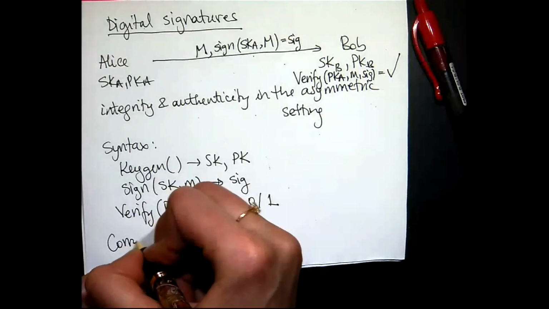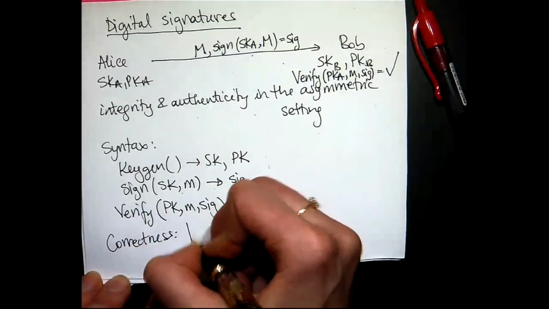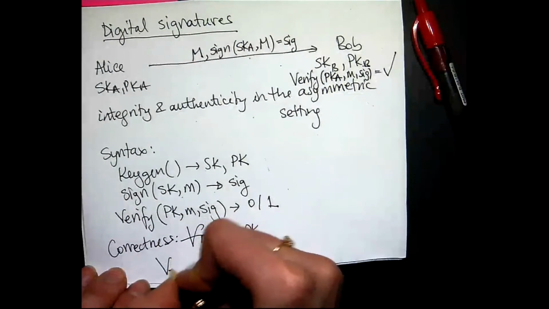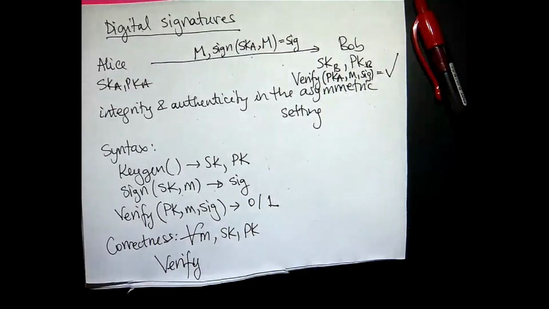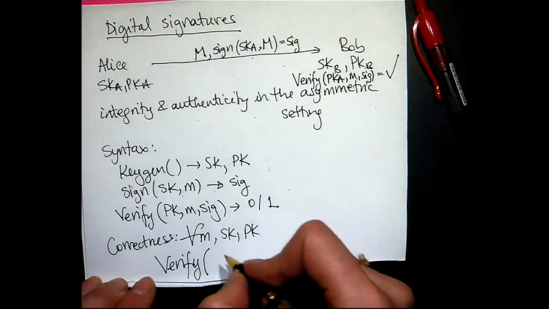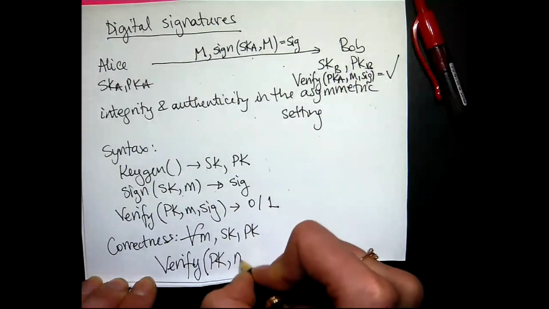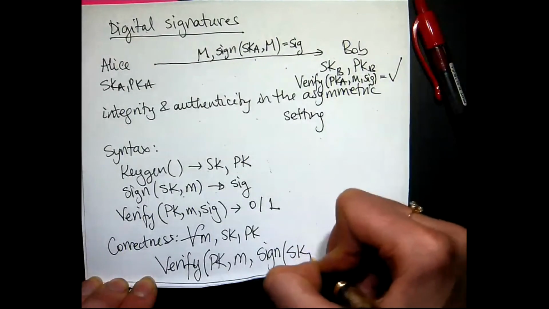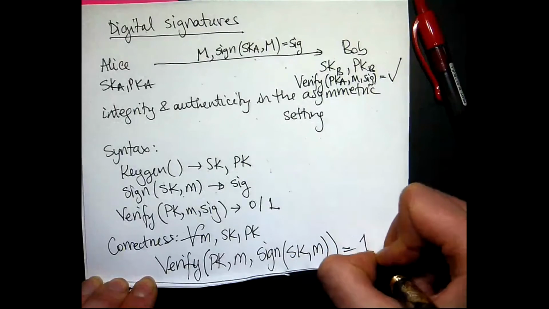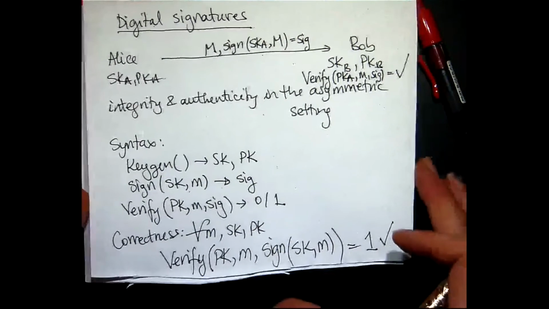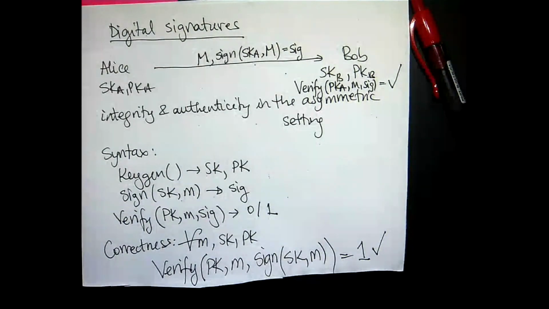Okay, so for correctness, for all messages M, secret key and public key, if you verify with the public key on the message the output of sign with the secret key on that message, you're going to get yes, a 1. That's correctness, so that's important for the signature scheme to be usable and functional.